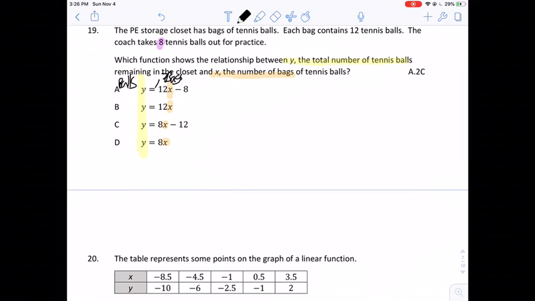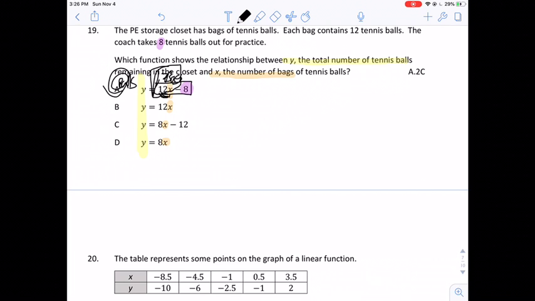So for the first answer choice here, I don't know how many bags I have. I multiply that times 12, and it's going to give me the total amount of tennis balls. But from that total, I'm going to subtract the 8 tennis balls that the coach took, and that is going to be my answer choice.